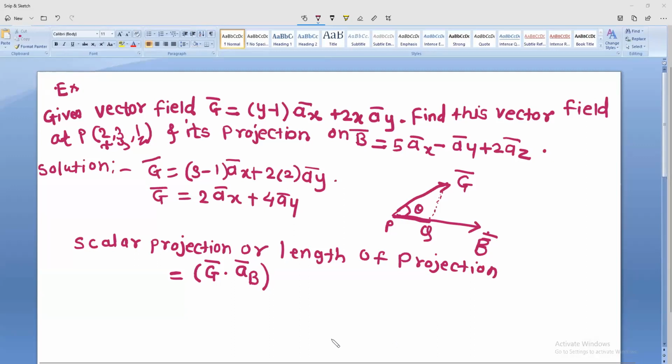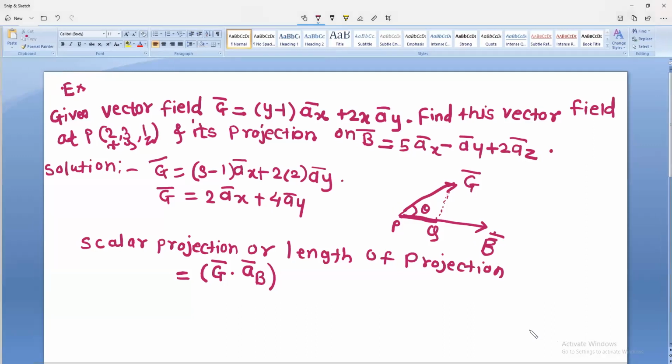Then what is formula for A bar B? B bar divided by magnitude of B bar.